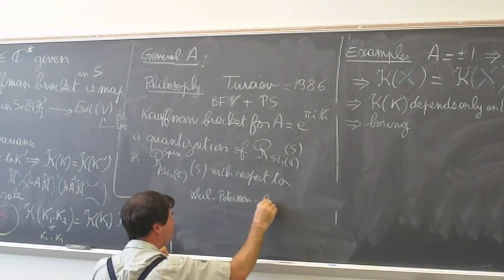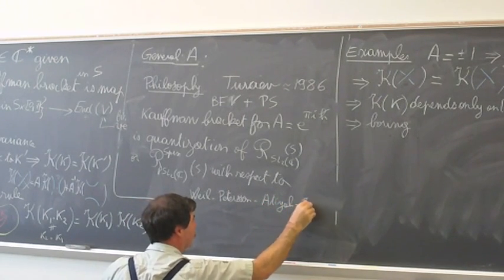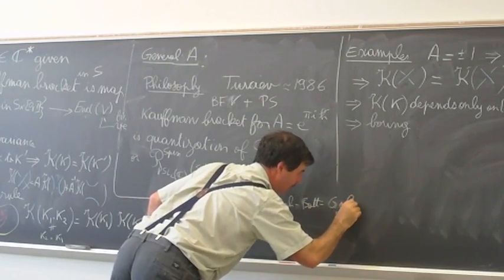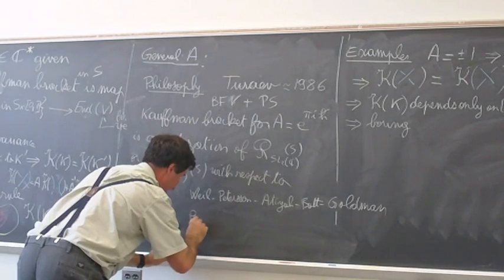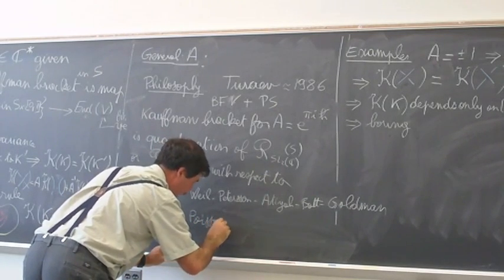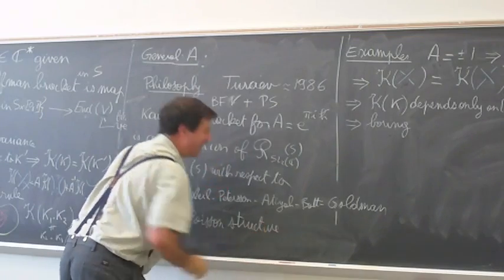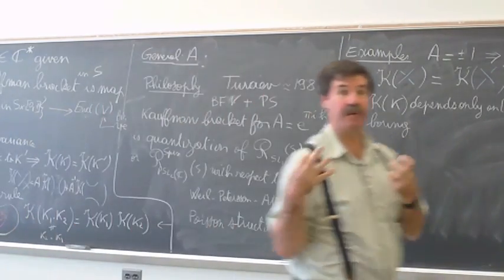Then probably you want to put Atiyah, Bott, then Goldman, Poisson structure. So it's a classical Poisson structure on this character variety, which is very important.